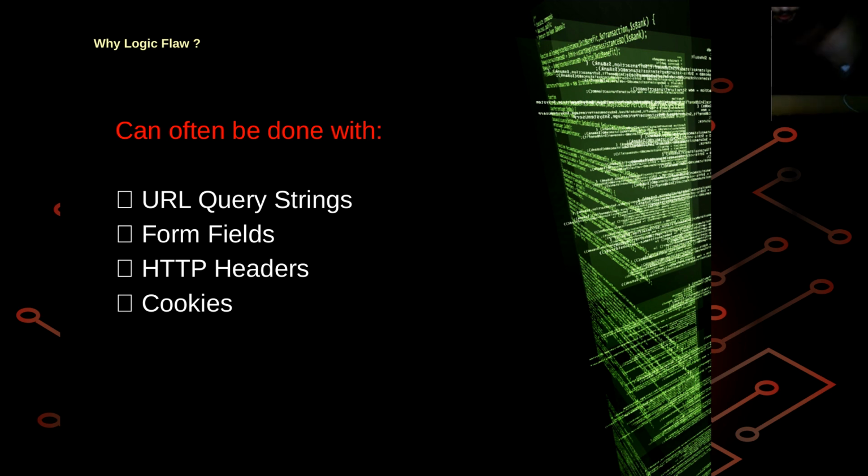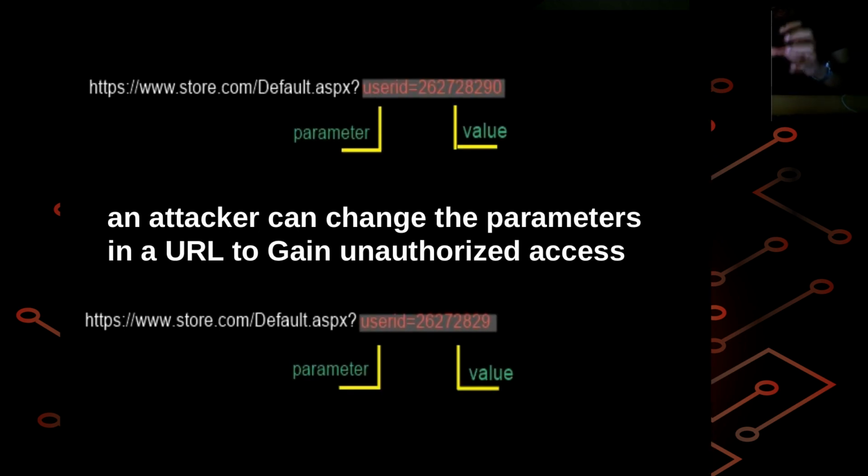We have two store websites that are vulnerable to a parameter tampering or manipulation attack. In this example, we see two websites with different values in the parameter. The first has the store.com and the PHP file, with the user ID parameter and its value.